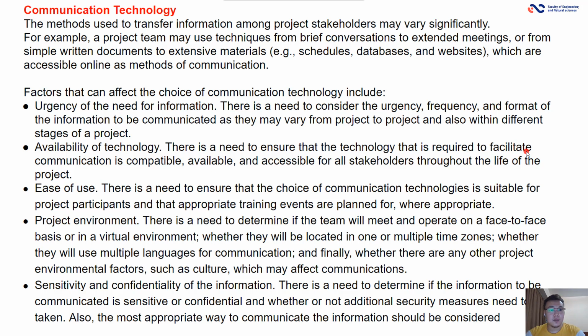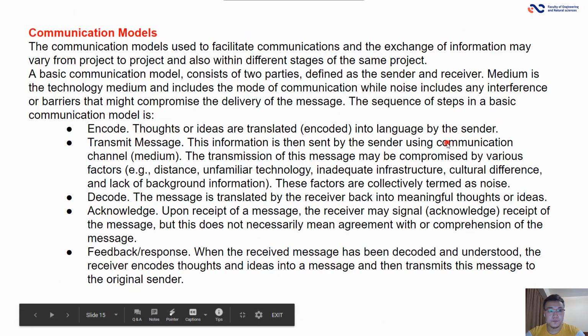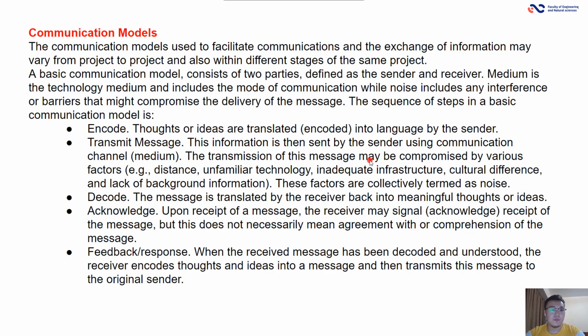Factors that can affect the choice of the communication technology include urgency of the need for information, availability of the technology, ease of use, project environment, and sensitivity and confidentiality of the information.